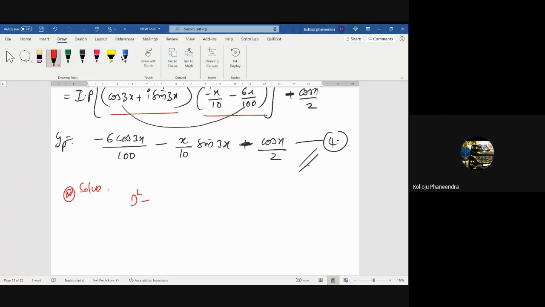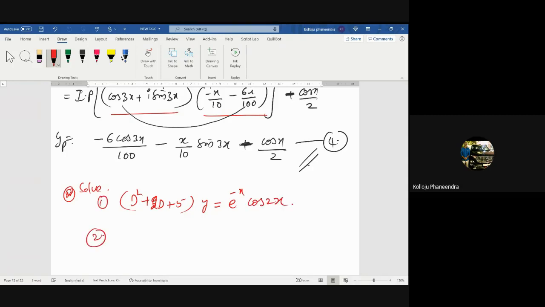Solve D square minus 6D, already we have solved this. Right. D square plus 2D plus 5 into y equal to e power minus x into cosine 2x.